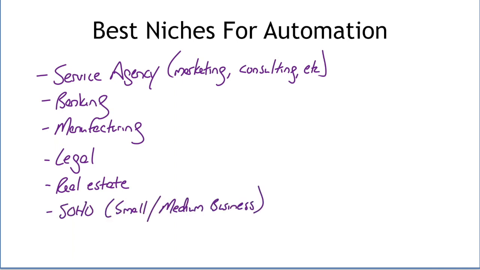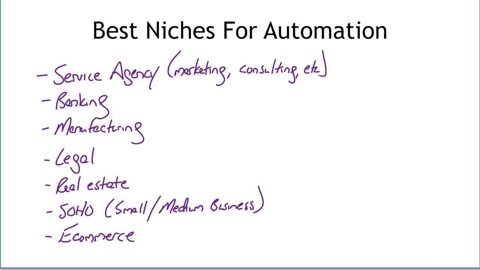Small and medium business always need solutions for marketing. E-commerce is another one. So if you have a Shopify store set up, Shopify itself has pretty weak email marketing. They have some shopping cart abandonment and stuff in there, which is kind of cool.